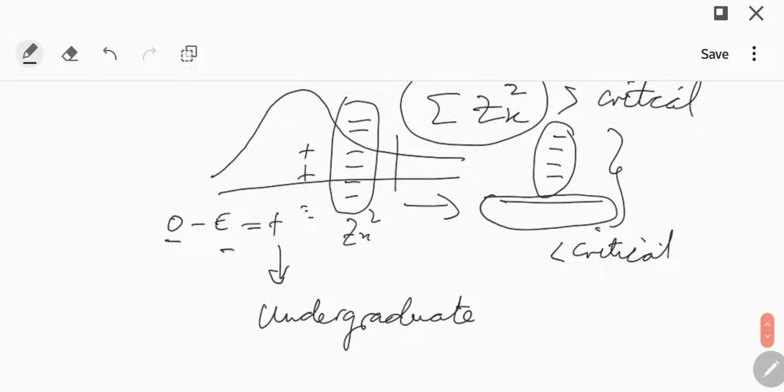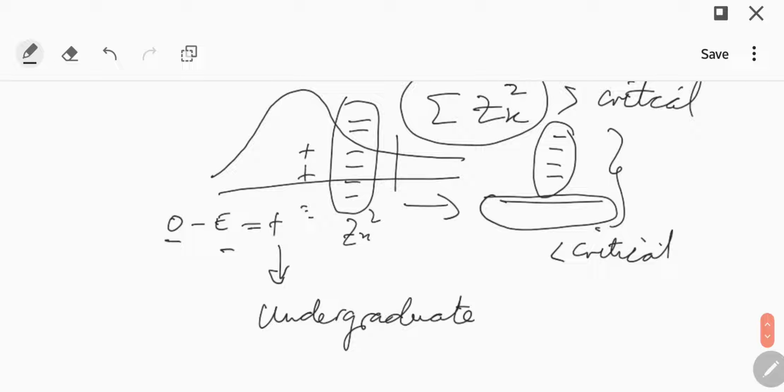But overall, this chi-square test is getting passed because I'm not getting rejected, because all the zx squared may not be greater than a critical value. But individually, when I'm looking at the zx's, all of them are positive or all of them are negative. This is one major drawback which cannot be covered by this chi-square test.